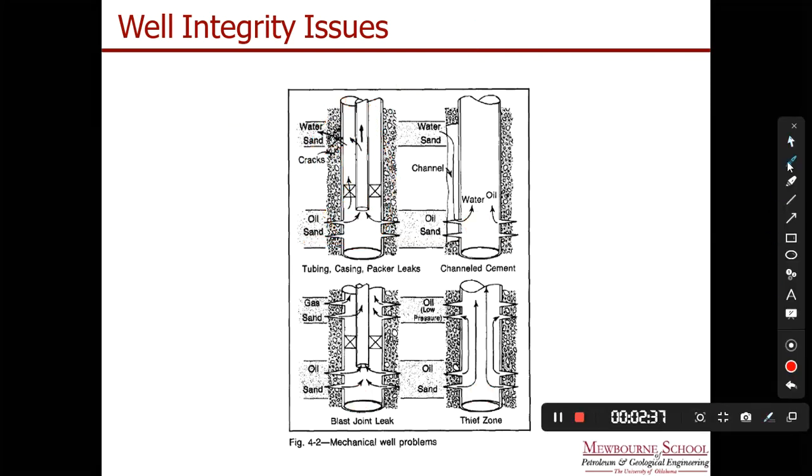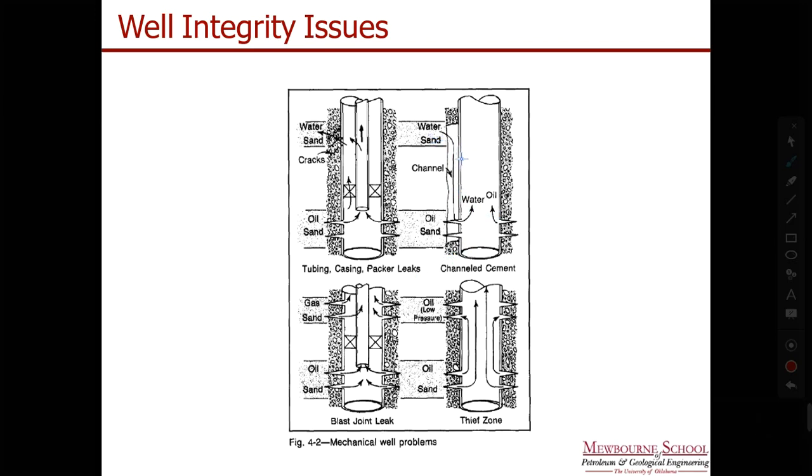Now in the second issue that you see here, we have a water cement job. This cement is not properly done. As you know, we do the casing and the cementing to the casing. Since the casing cementing job is not well done, the water is channeled through it and water is coming with the oil.